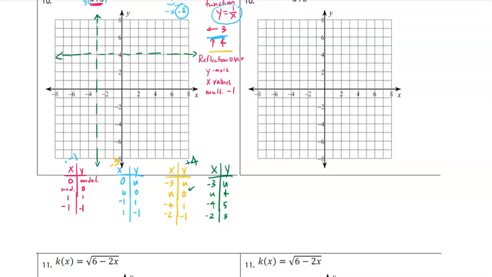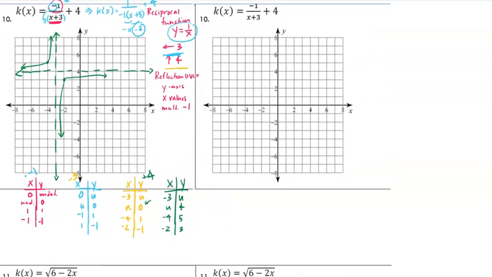And then negative 4, 5 is going to be here, that point. There is my reciprocal function, and then negative 2, and then 3. There is my other reciprocal function.